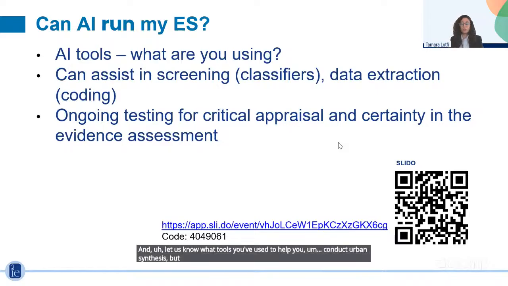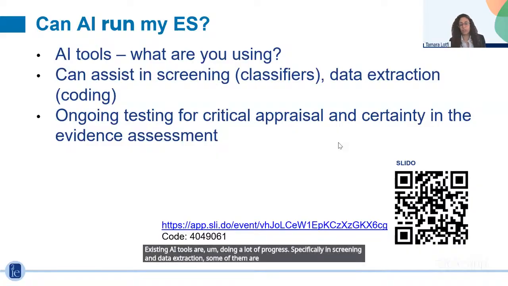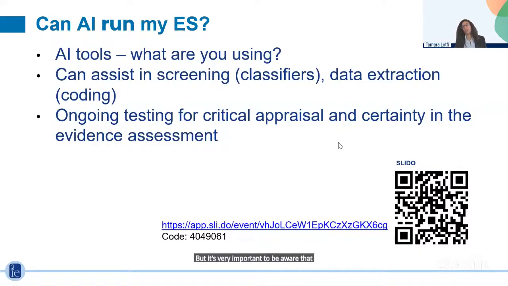But it's very important to stress the fact that existing AI tools are making a lot of progress, specifically in screening and data extraction. Some of them are already testing for critical appraisal and certainty of evidence assessment, so the GRADE assessment, for example. But it's very important to be aware that they are not ready yet to take over.